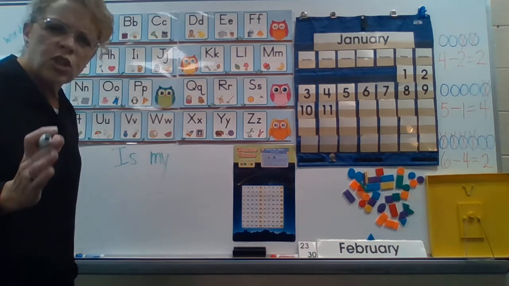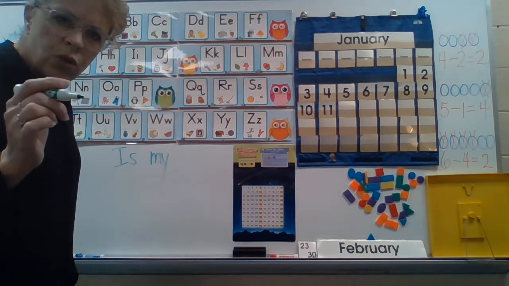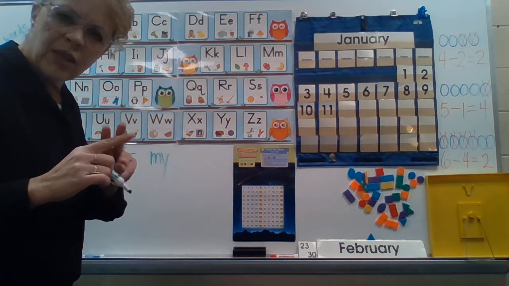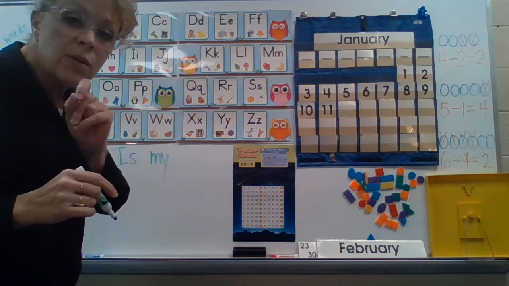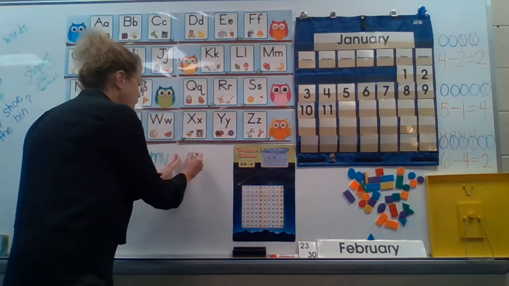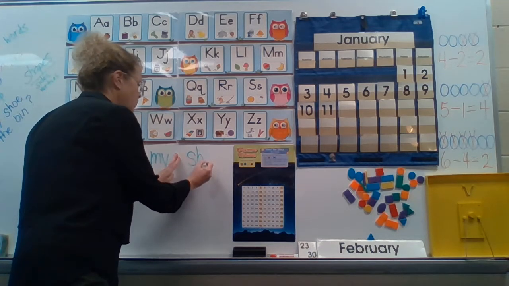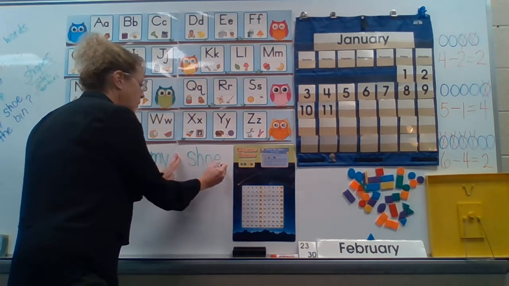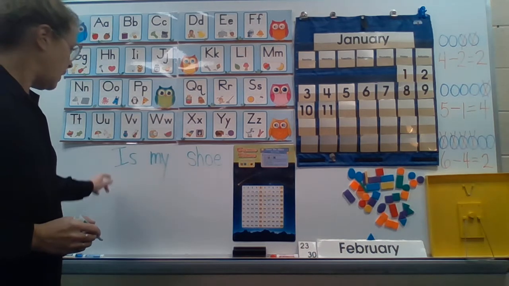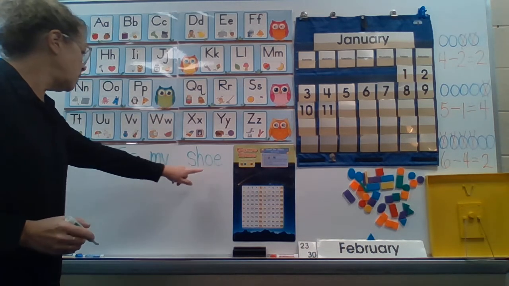Do you hear that sh sound at the beginning of shoe? That's 2 letters together, S and H, and they make that sh sound like you're telling someone to be quiet. Shh. That's SH. So I hear SH at the beginning of shoe, and it's SHOE. All right? You got those 3 words. Is my shoe.